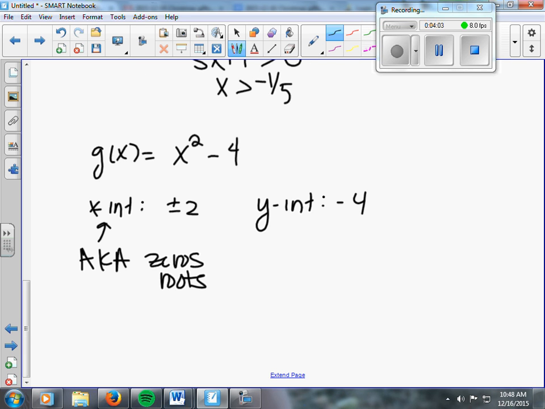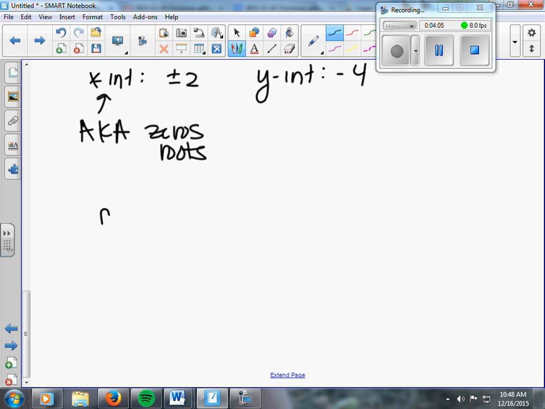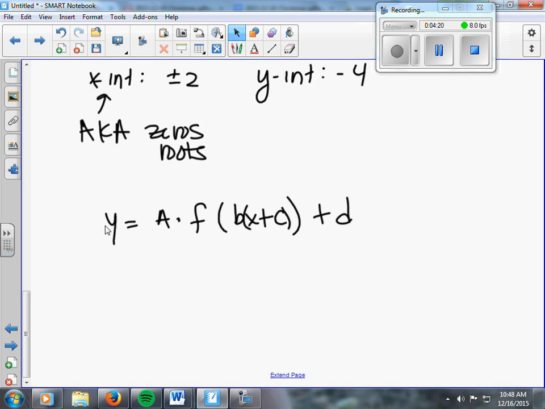Also, we have transformations of functions. So in general, say you have y equals a times f of (bx plus c) plus d. All right, so a would be a vertical stretch.